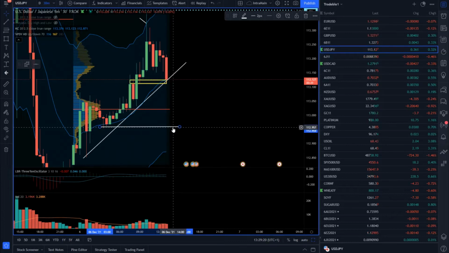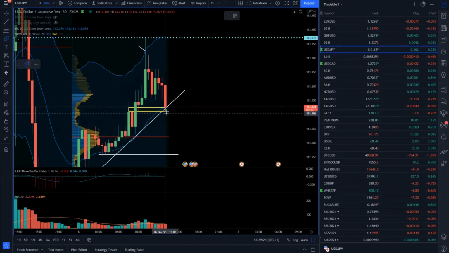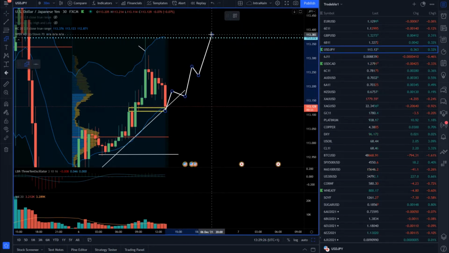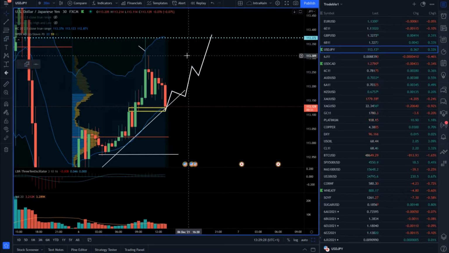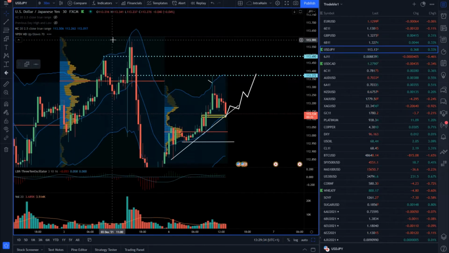As long as we are trading above 112.95, I give more odds for potential upside movement in the next period. So maybe even to retest 113.30 or 113.37, maybe even some Friday's area like 113.50 or 113.60.